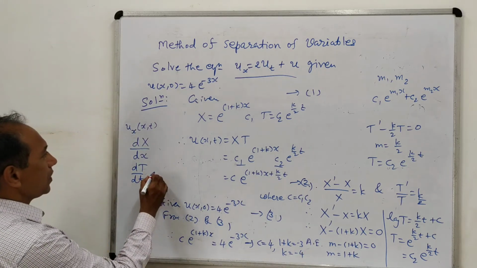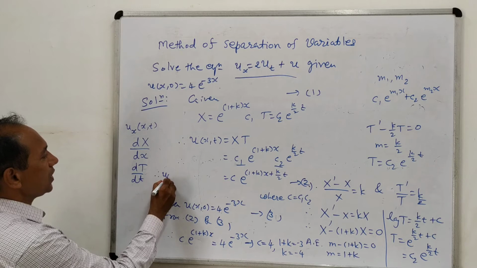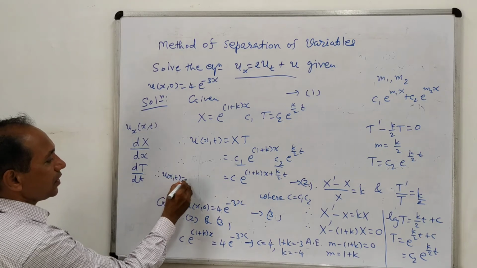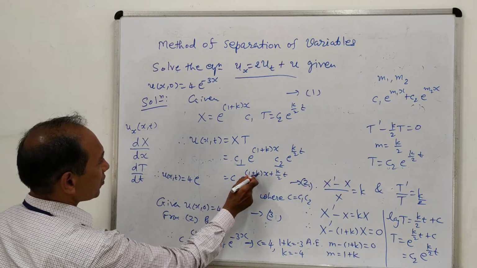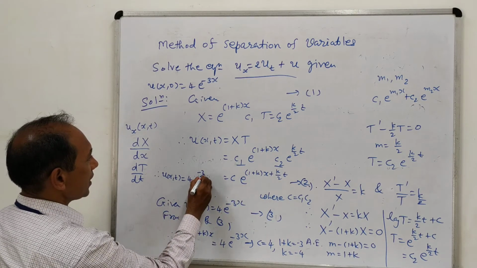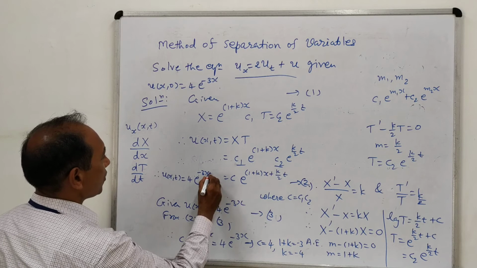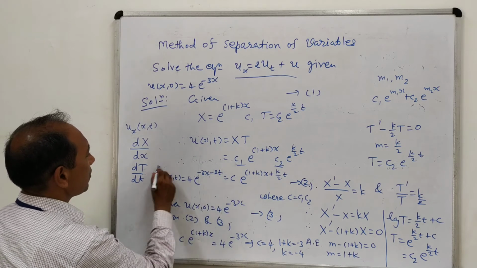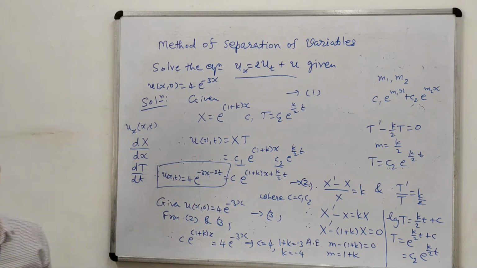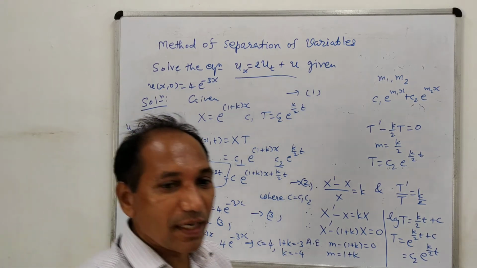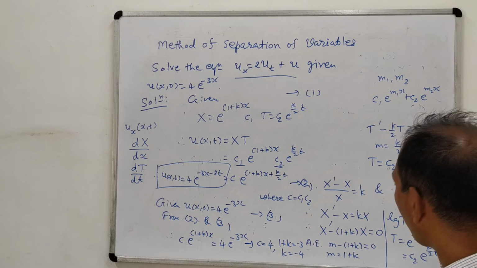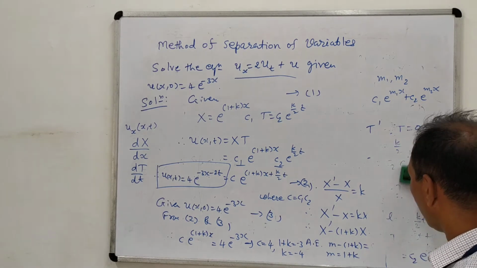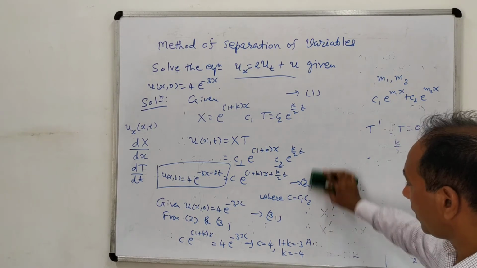So now, therefore, the final solution is ux comma t equal to c is 4 and k is minus 4. So 1 minus 4 is minus 3x, and there it is minus 4 by 2 means minus 2t. So this is our final solution and within some time you can get the full marks. That means 4 marks or 5 marks, whatever is allotted in the examination.